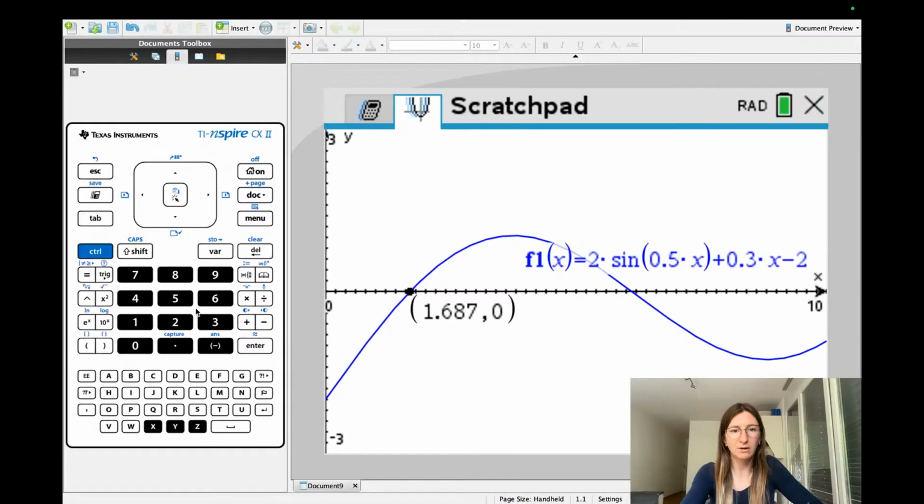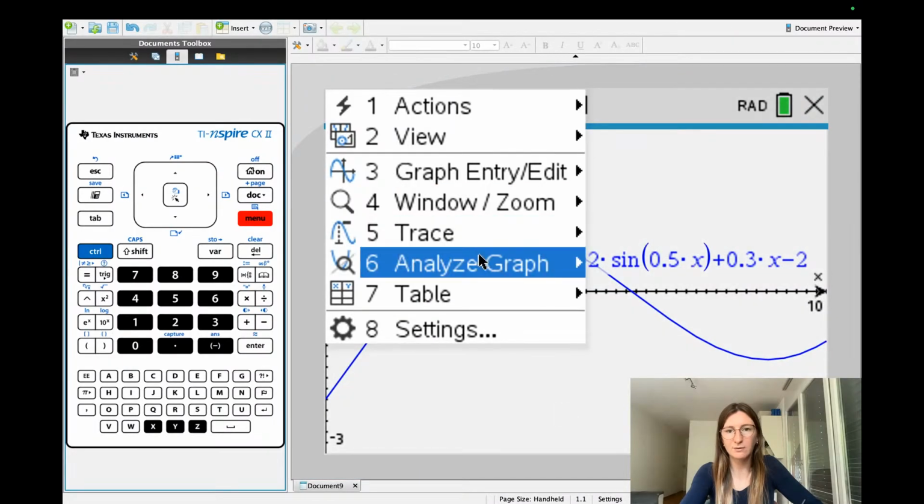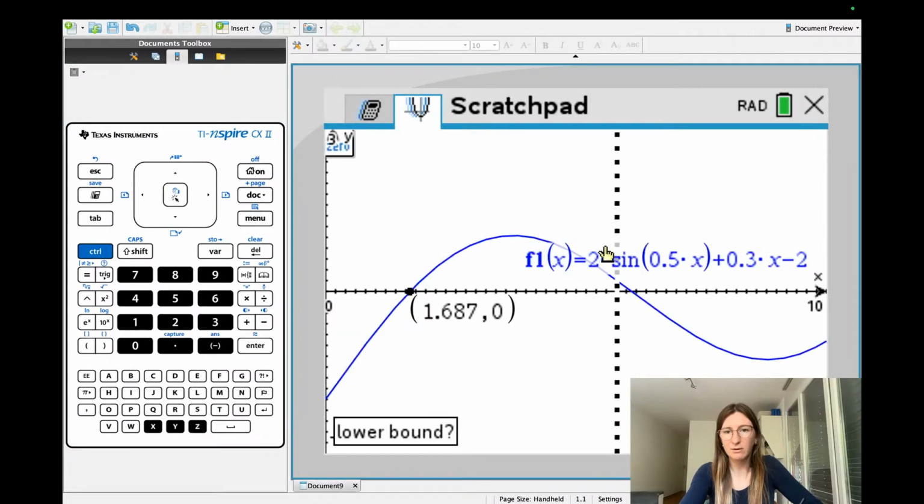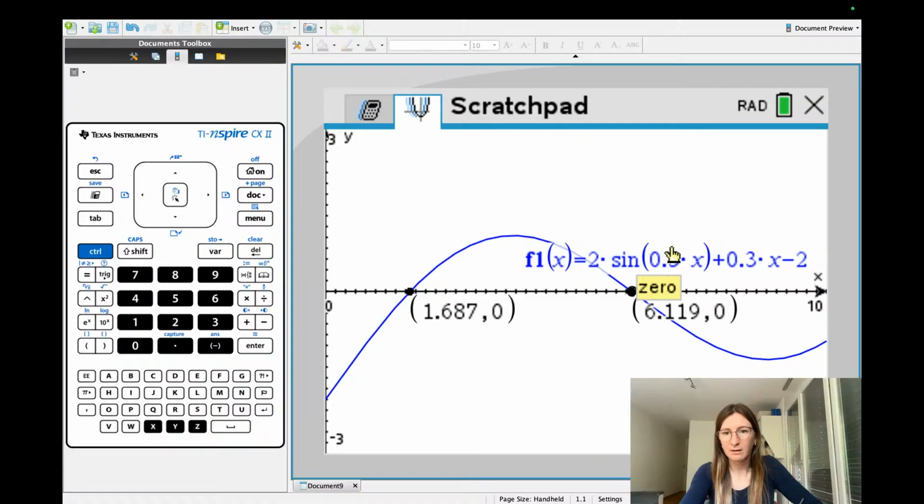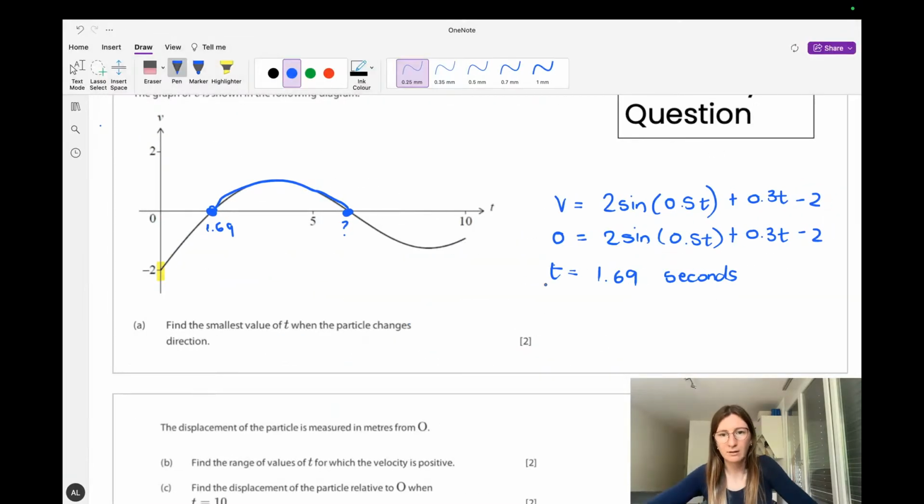And luckily we've still got our graph open, so we can do menu, analyze graph. The other 0, we want this one now. 6.12. 6.12 seconds.